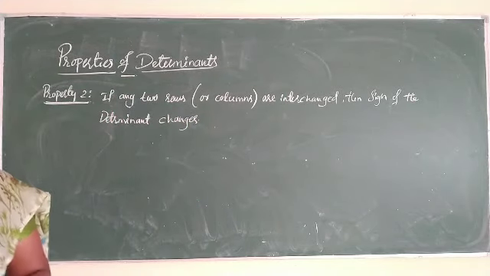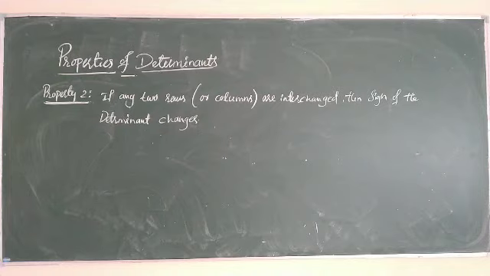So if any two rows or two columns are interchanged, then the sign of the determinant changes.